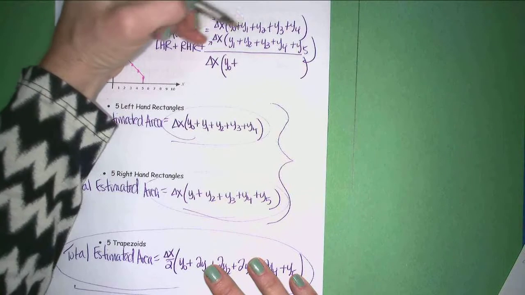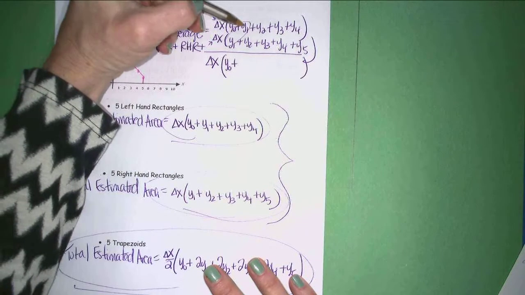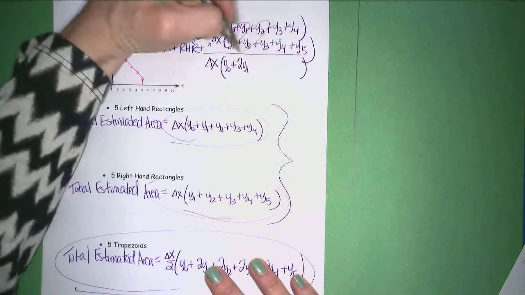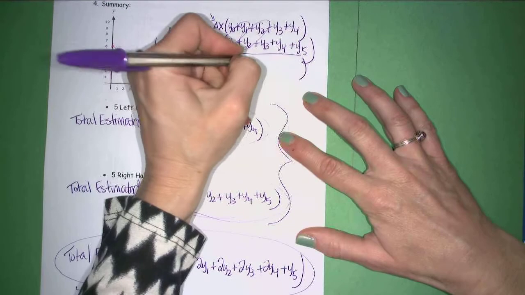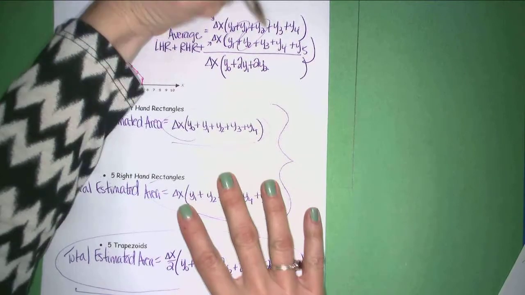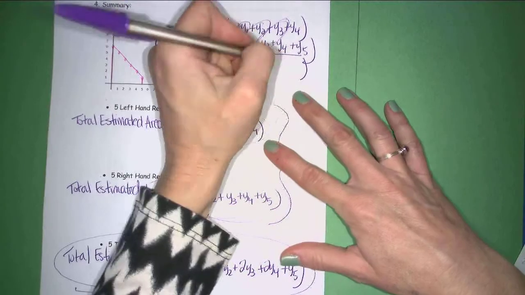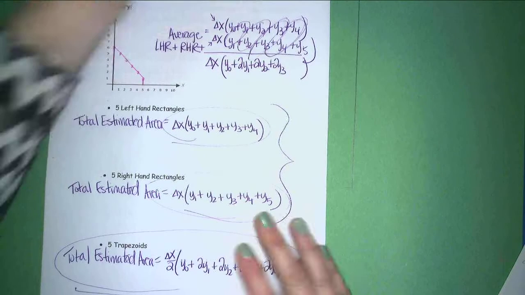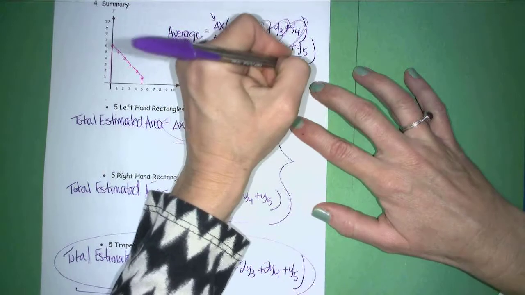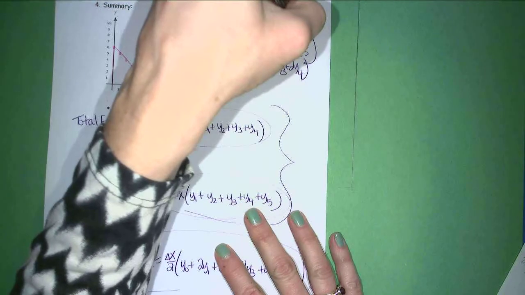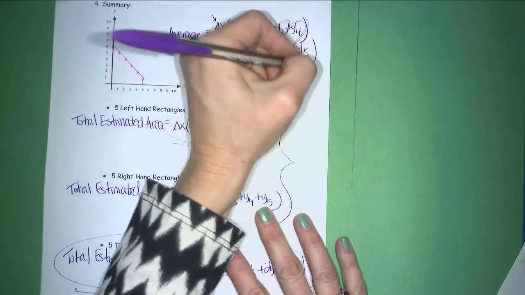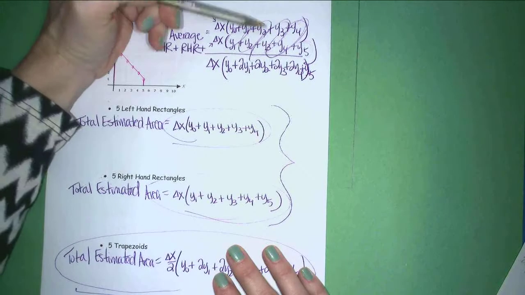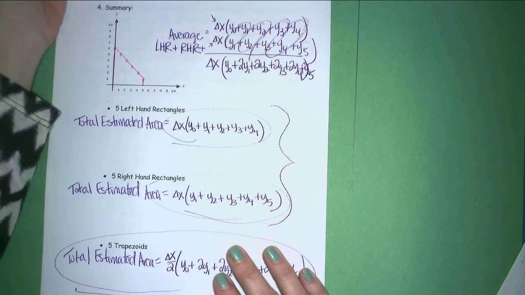Now, we have 2 y sub 1s. So y sub 1 plus y sub 1 is 2 y sub 1s. Y sub 2 plus y sub 2 is 2 y sub 2s. Y sub 3 plus y sub 3, 2 y sub 3s. Y sub 4 plus y sub 4, 2 y sub 4s. And then last but not least, we just have the 1 y sub 5. So this is what happens if I add left and right hand approximations together.